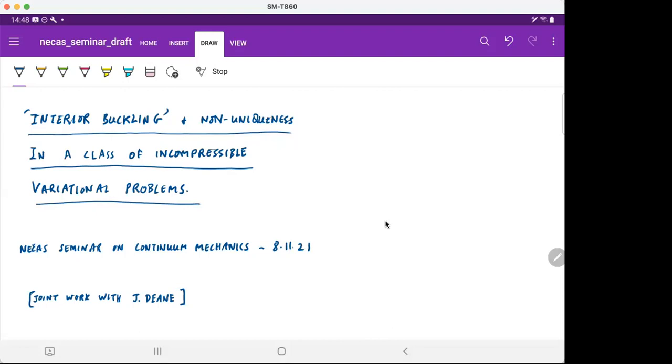Again, it's of pure displacement type, like today's examples will be, but the difference is that in Spadaro's examples, the minimizers take on, well, at least have negative Jacobians in an essential way. And that contrasts with ours, which are completely incompressible. And so their Jacobian is equal to 1, in fact, everywhere in our case. Okay, so that's a small distinction, but the question of non-uniqueness really was settled by Spadaro in 2009.